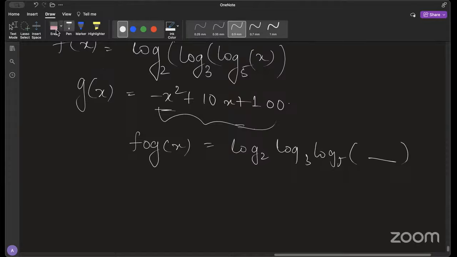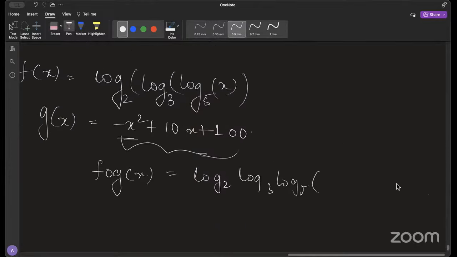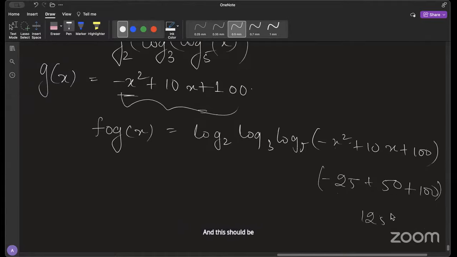The composition will be, one second, minus x square plus 10x plus 100. At 5 this becomes minus 25 plus 50 plus 100, and this should be 125. What's wrong? Why is it not in the domain?